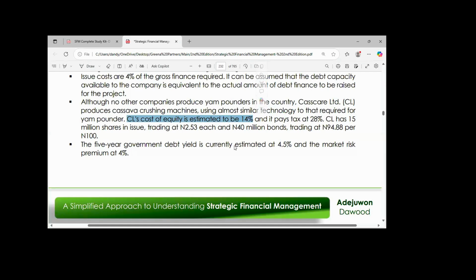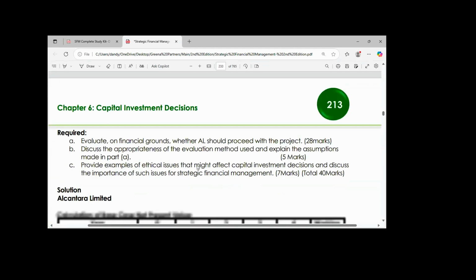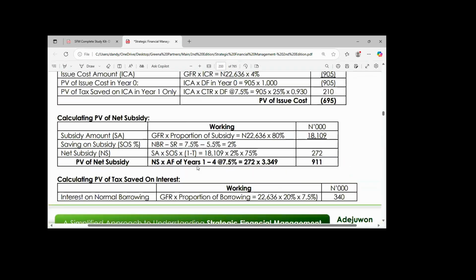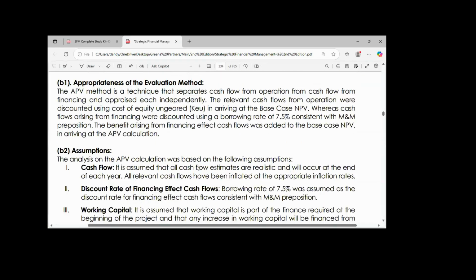If you are given beta of a proxy, you identify the beta, you ungear the beta, you calculate cost of equity on geared, that is CAPM. Then the second one is if you are given the cost of equity, just like in this case, we have been given the cost of equity of a proxy to be 14%. In this case, we are supposed to use the Miller and Modigliani formula to calculate the cost of equity. So if that is the case, let's go and calculate cost of equity on geared using Miller and Modigliani formula.